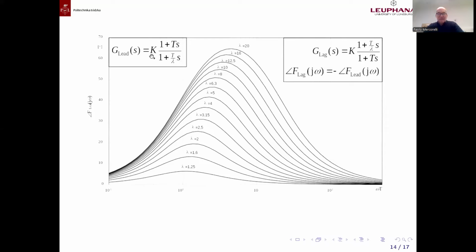In our case, k is equal 1. What is this curve here? It is basically the phase of this transfer function, which is the transfer function of the controller, parameterized by different lambda.